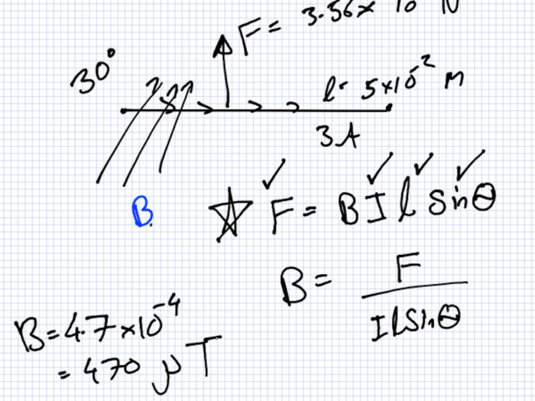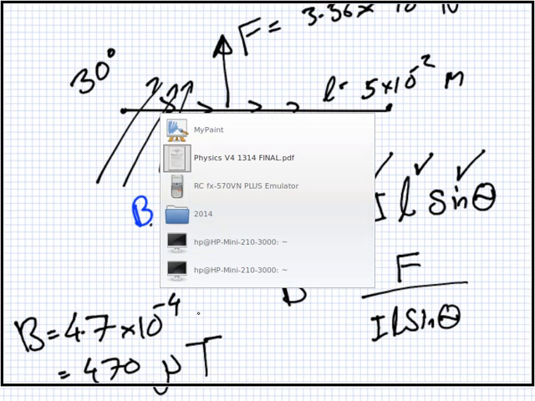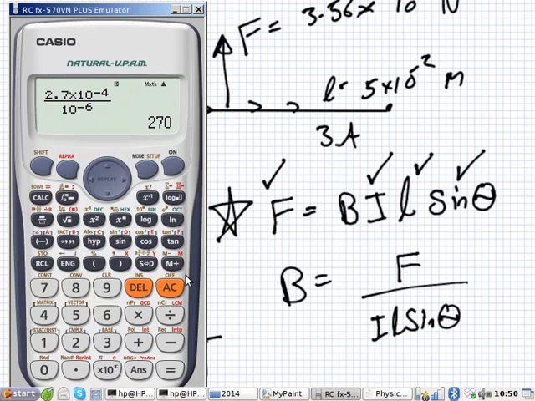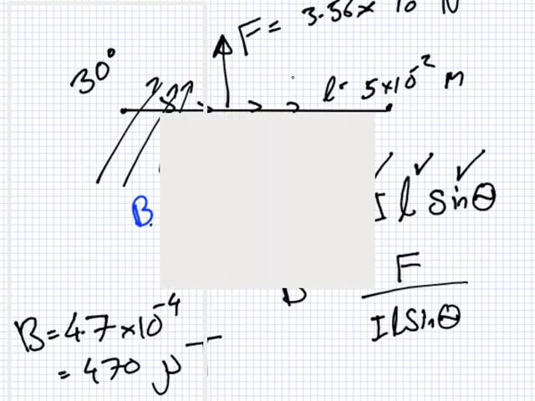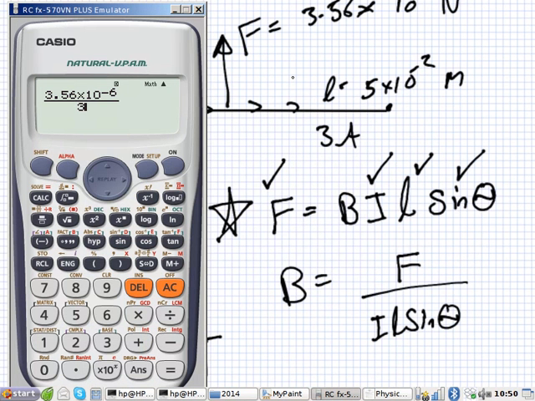Minus 6, yeah? That's tiny. Yeah, tiny. Alright. Over I, which is 3, times L, which is 5 times 10 to the minus 2, times sine 30. Quite different. 4.74 times 10 to the minus 5. Right, so that just changes this to 47. Divide by 10 to the minus 6. Yeah, 47 microtesla.